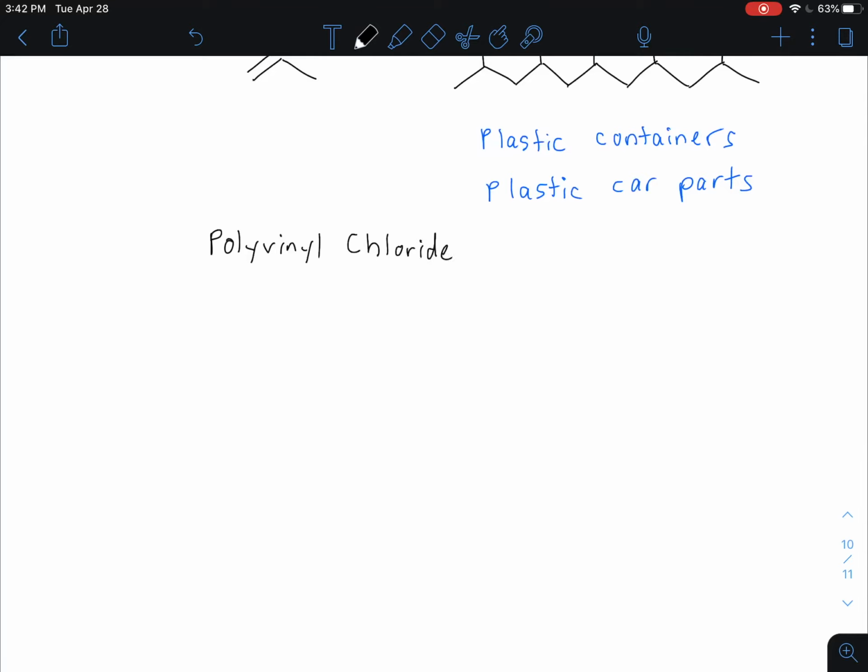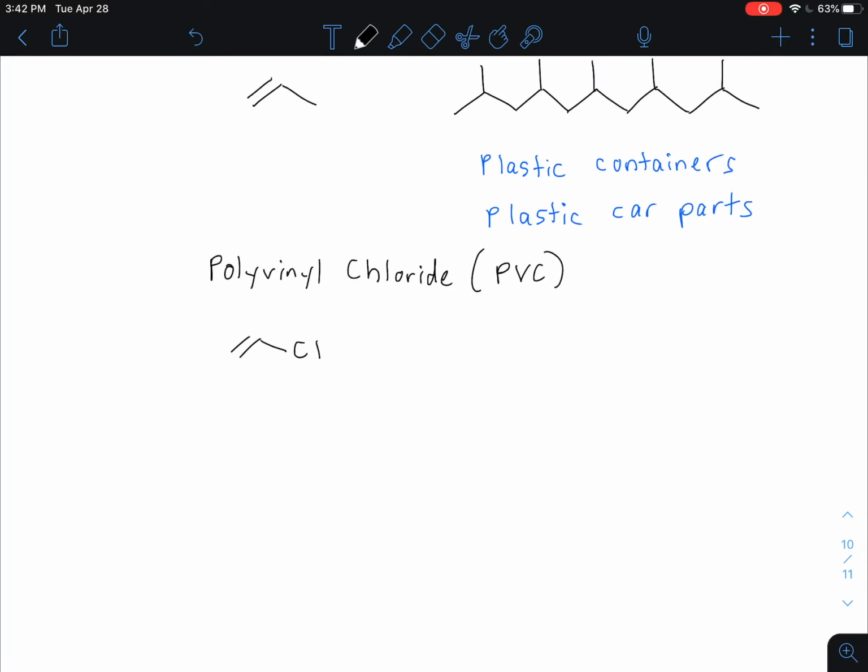The next one we can talk about is polyvinyl chloride, which we know better as PVC when you're making water pipes in particular. Bottles are made of it as well. So now here, the molecule that we're going to use, that's what we call vinyl chloride.